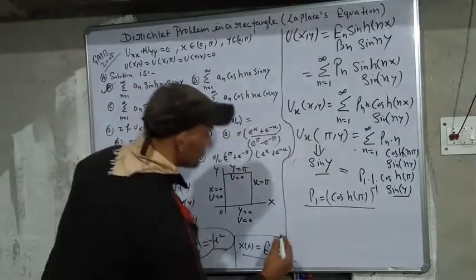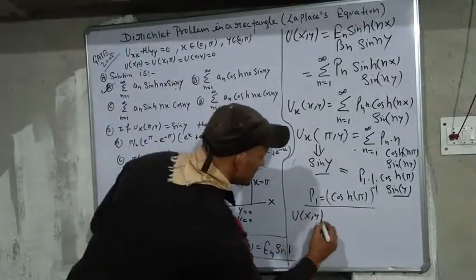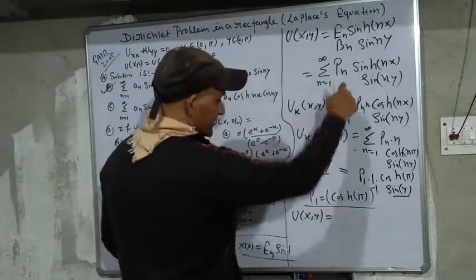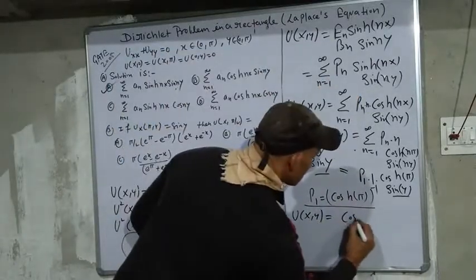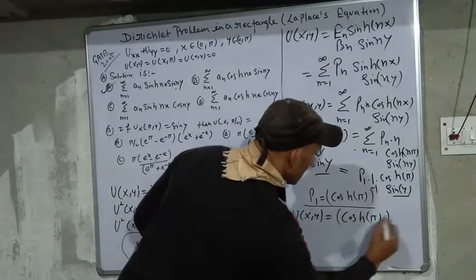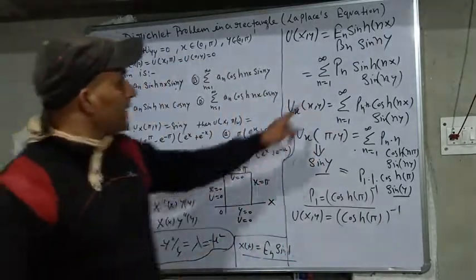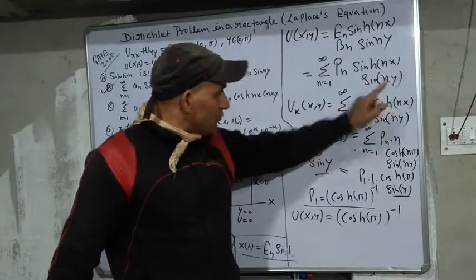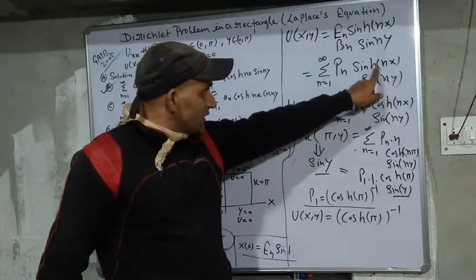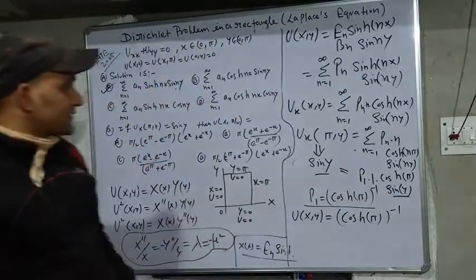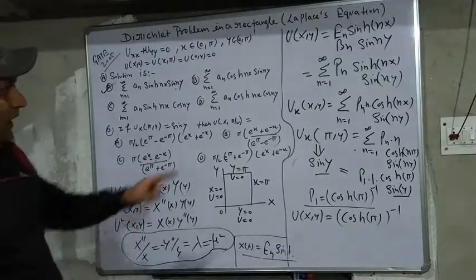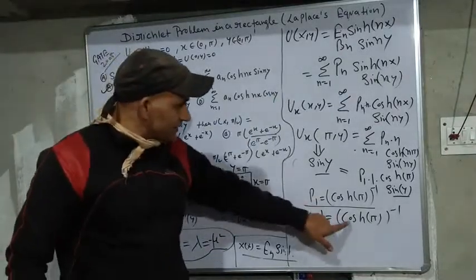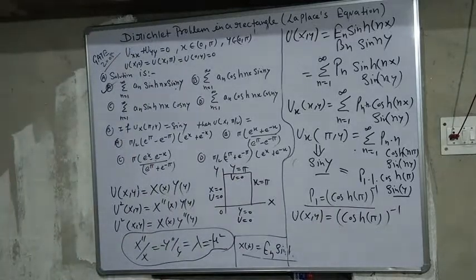So your u(x, y) is equal to, if only p1 exists, p1 is equal to cos hyperbolic pi inverse, and 1. Then this is sine y and this is sine hyperbolic x, because n is equal to 1, and in place of p1 we have written cos hyperbolic pi.